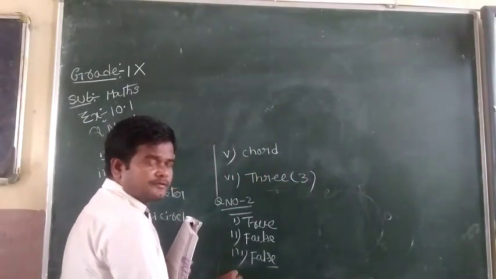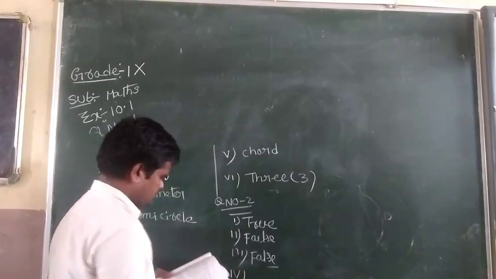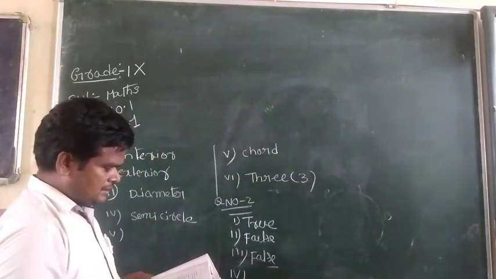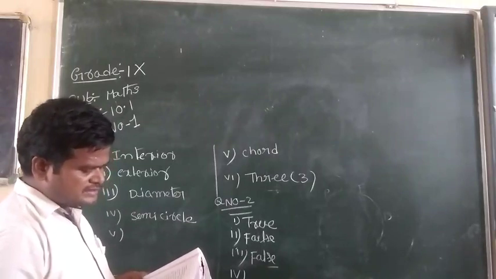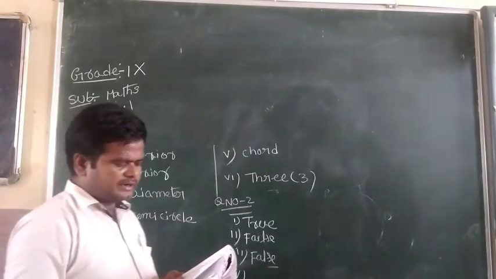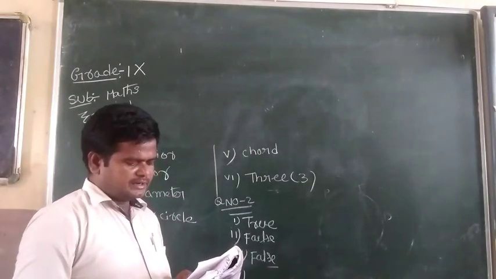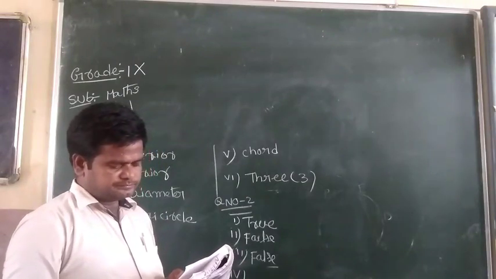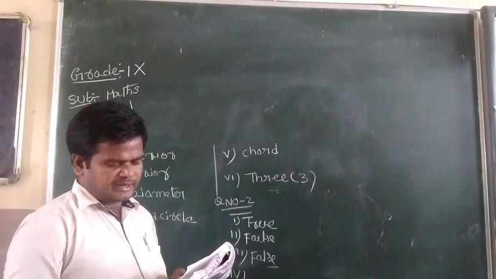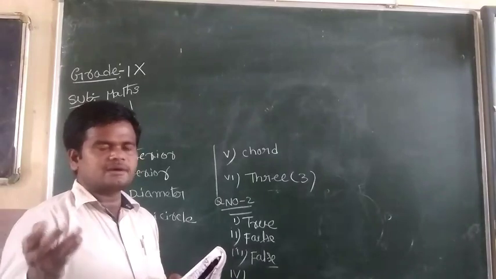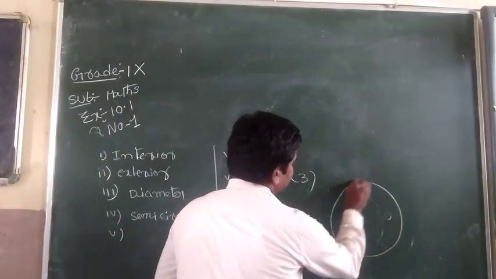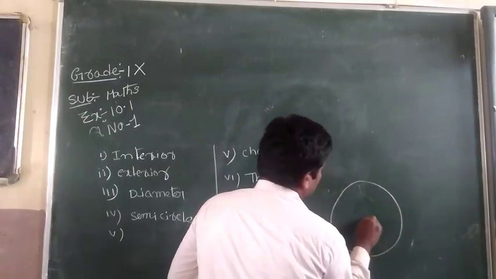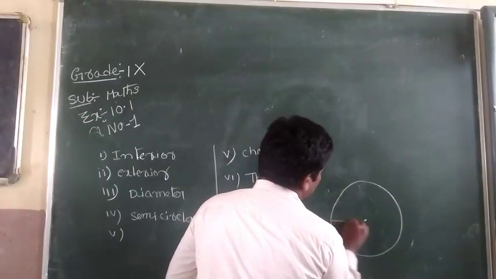The fourth one is: a chord of a circle which is twice as long as its radius is the diameter of the circle. So this is the circle, and this is the chord AB.